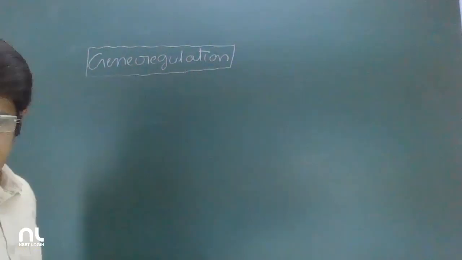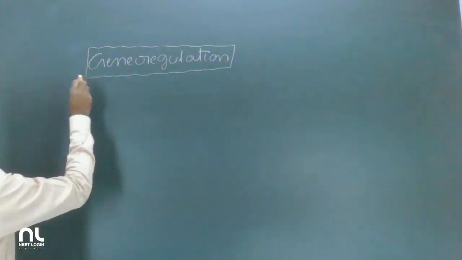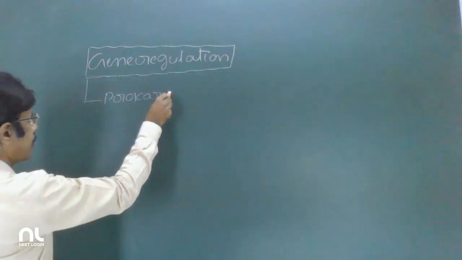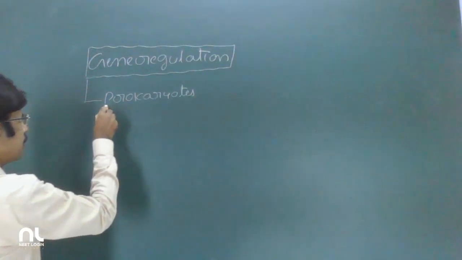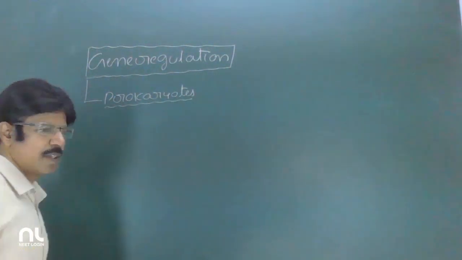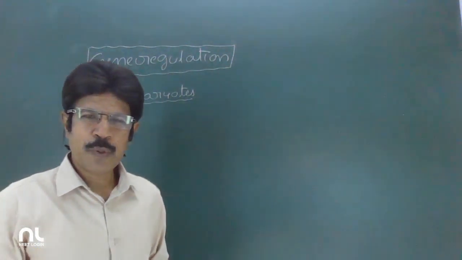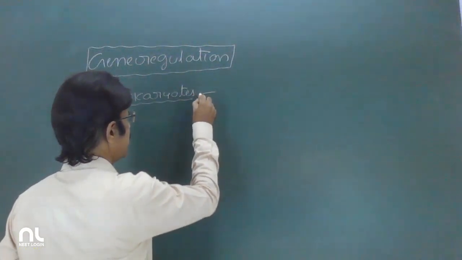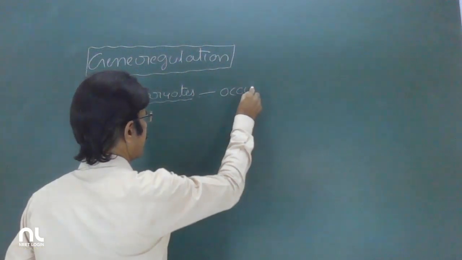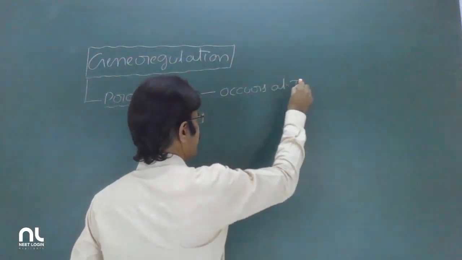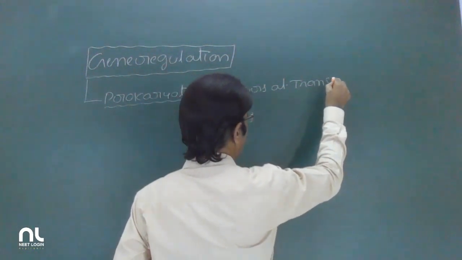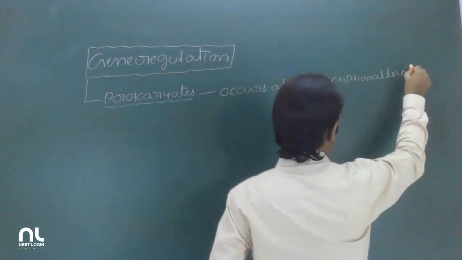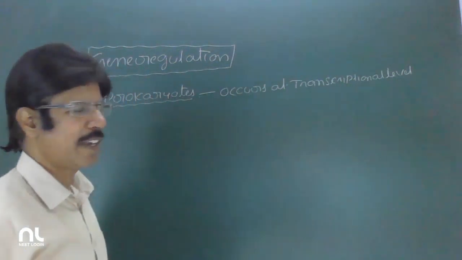And gene regulation in case of prokaryotes. Regulation means the protein has to be formed. Okay. In prokaryotes, gene regulation occurs at the transcriptional level.